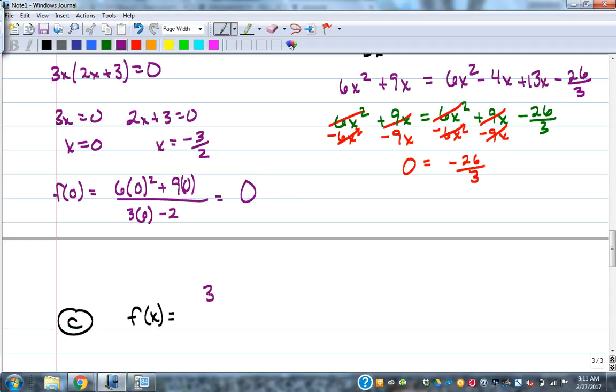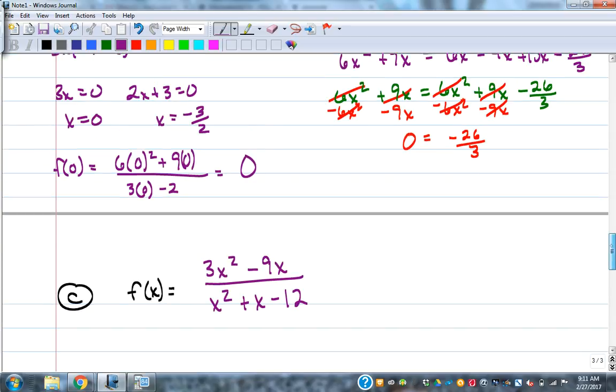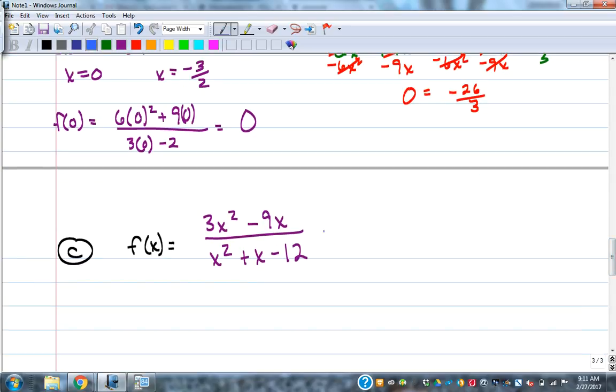All right, 3x squared minus 9x over x squared plus x minus 12. That's our next problem. So what do we do? Factor.